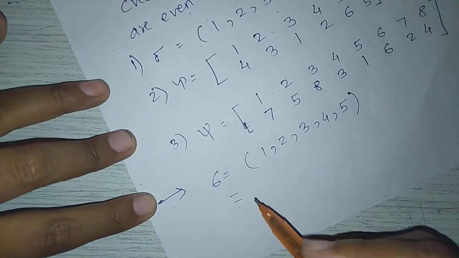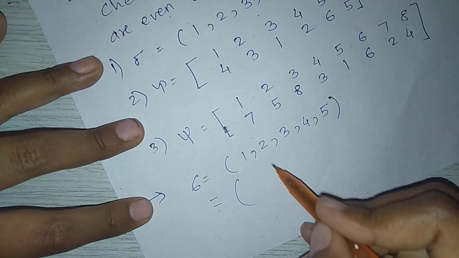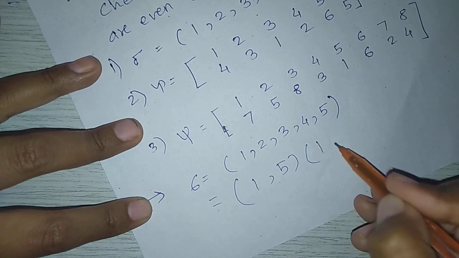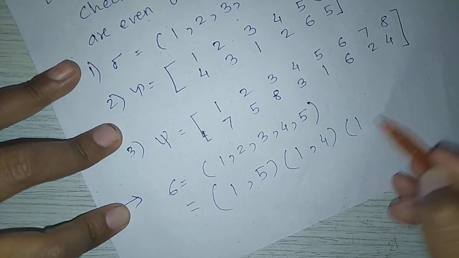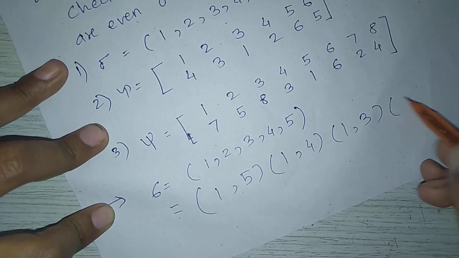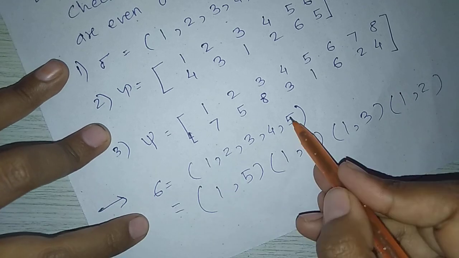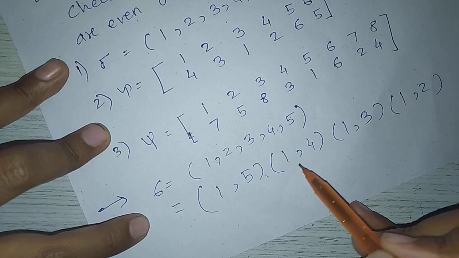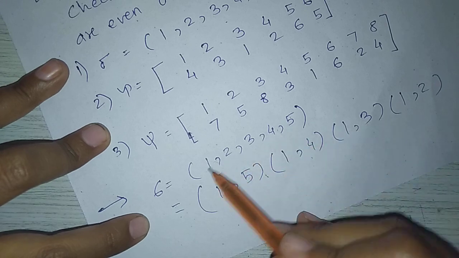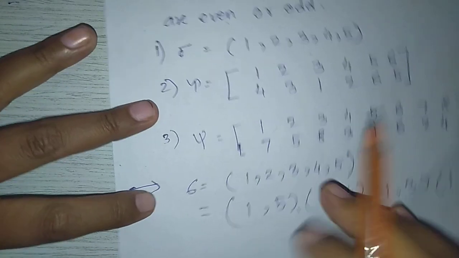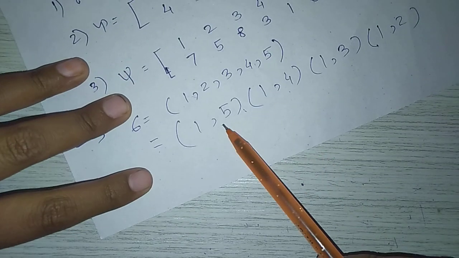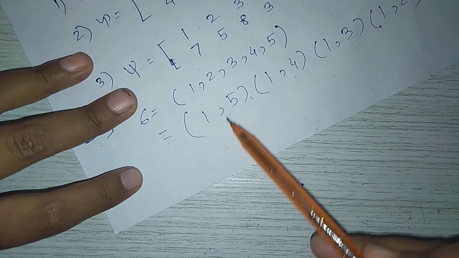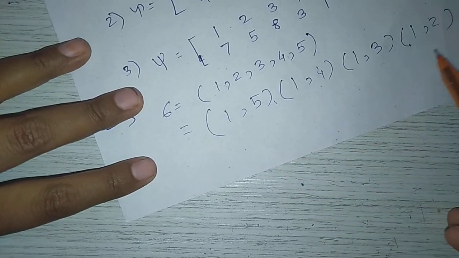This can be written, by the remark, as (1 5)(1 4)(1 3)(1 2). Here the lengths of these cycles are 2, 2, 2, 2 and the number of transpositions is 4.